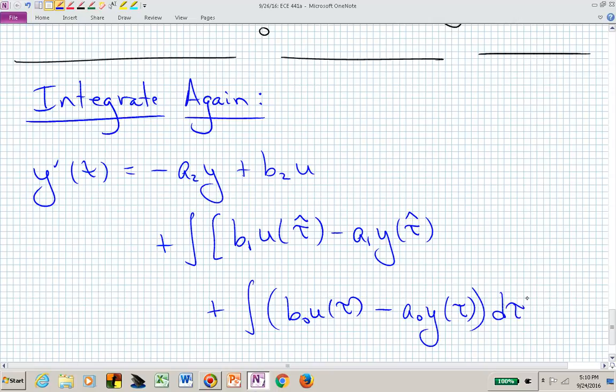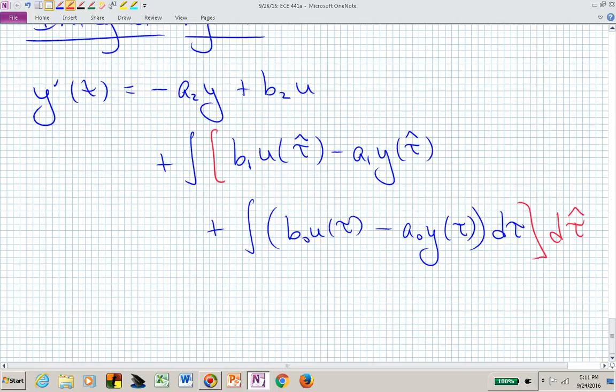That's d tau, and now I can close my square bracket. Maybe I should make those stand out a little bit. And now this is d tau hat. And this last integral is now enclosed or contained within this middle integral, or the integral on the middle line.